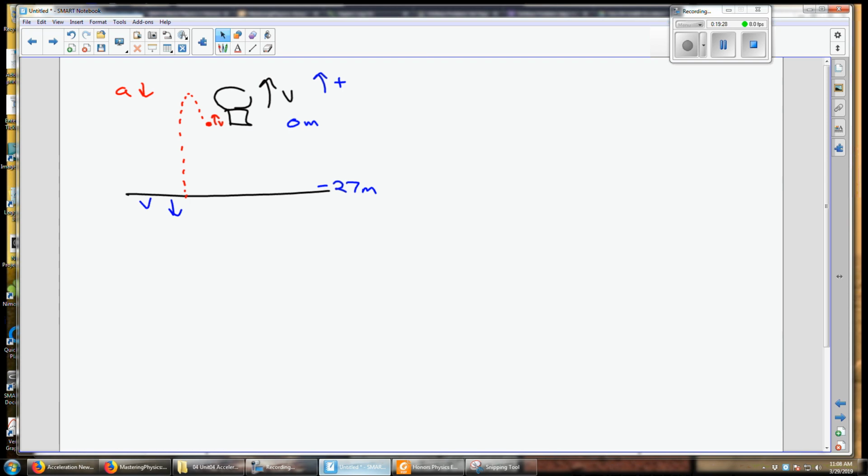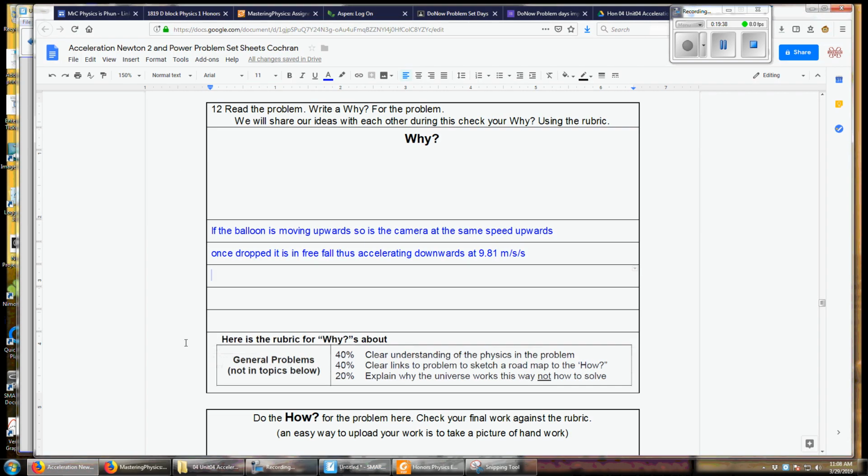I might include that in my why to make sure I remember that I expect a negative answer for the second part. So I'm going to put that in. It will be moving downwards, negative, when landing.